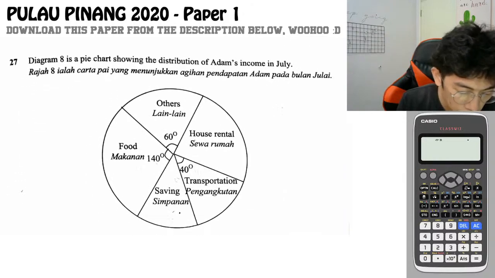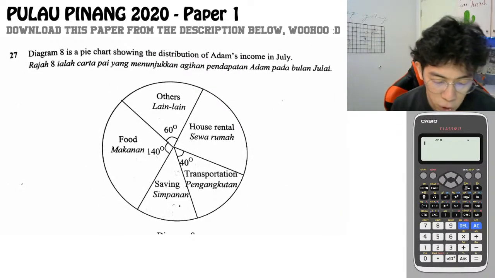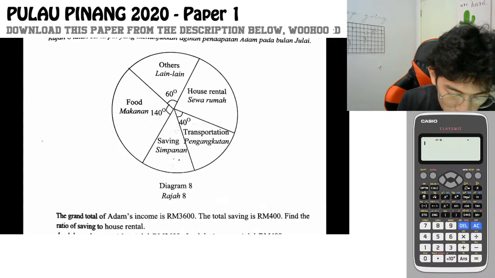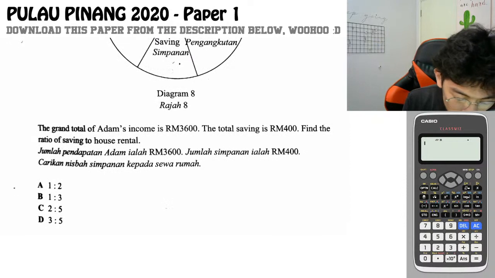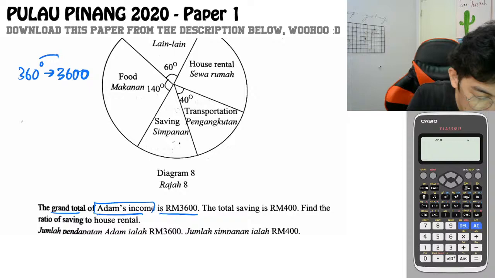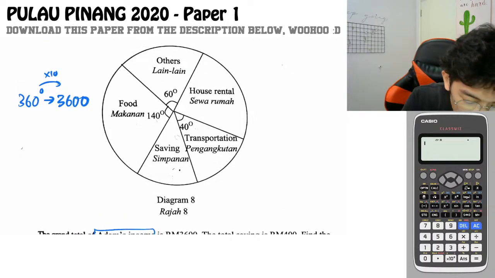Now number 27 comes. Diagram 8 is a pie chart showing the distribution of Adam's income in July. Everyone, common sense: do you notice the grand total of Adam's income is 3,600? Basically, the pie chart is 360. Adam's income is 3,600, a difference of times 10, right? So quite obvious that money-wise this will be 600, 1,400.